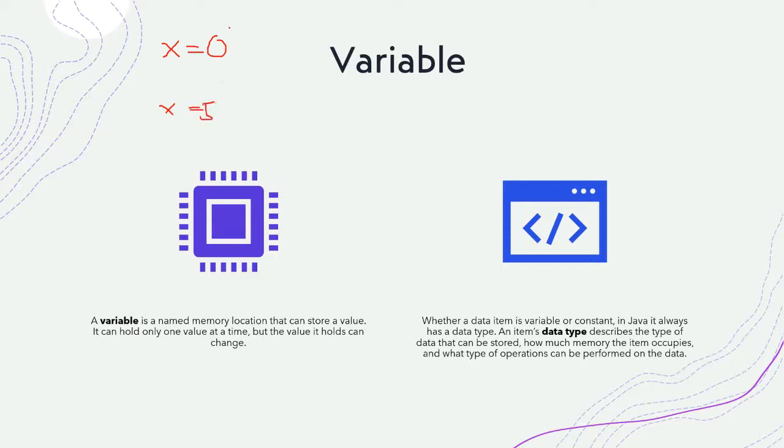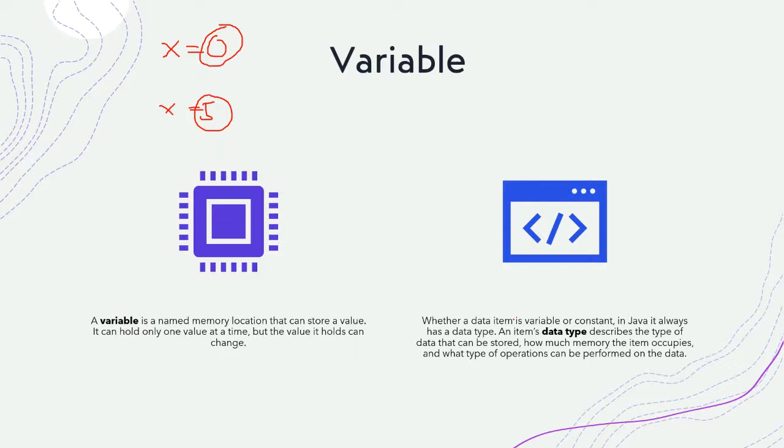So meaning to say, the value of x, which is 0, can change to 5, depending on the program that you have. So basically, the values or the assignments for the variable can change whenever the program runs. Unlike a constant, even if the program is running, the constant value cannot be changed.